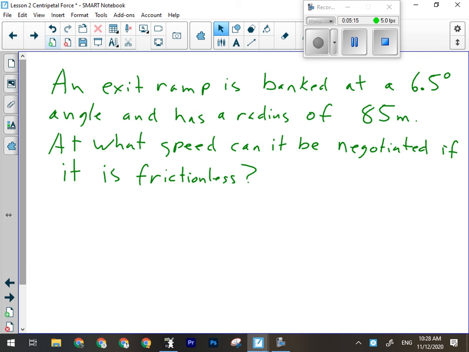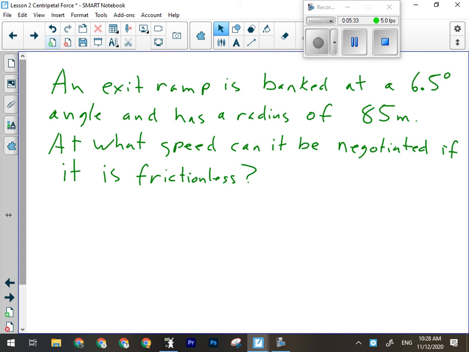We have an exit ramp banked at a 6.5 degree angle, radius of 85 meters. At what speed can it be negotiated if it is frictionless? All the banked curves we do are going to be frictionless because bringing friction in makes them a lot more complex.